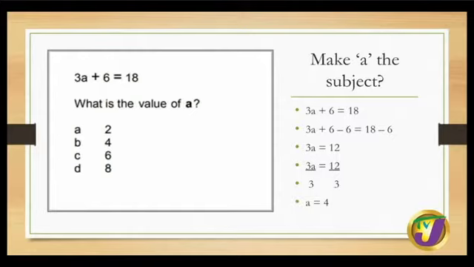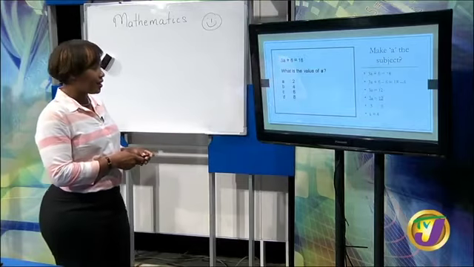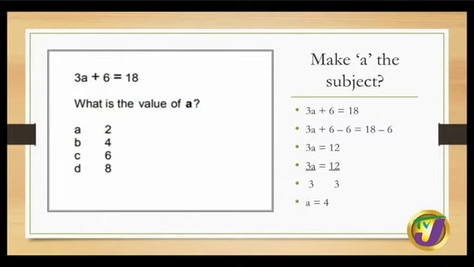Let us test that theory. So if we were to replace the A with a 4, that would be 3 multiplied by 4 would give us 12. 12 plus 6, 18. Excellent. Let us look back at that. When A is 4, the equation that we have here saying 3A plus 6 equal 18 is true. Awesome.